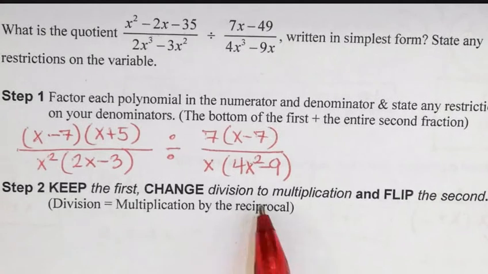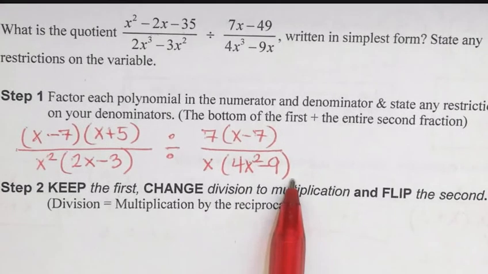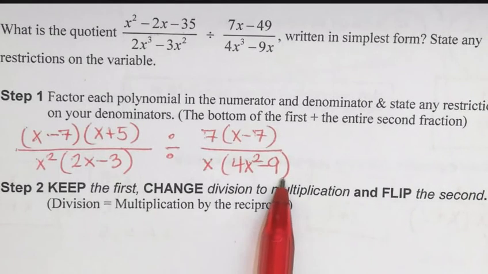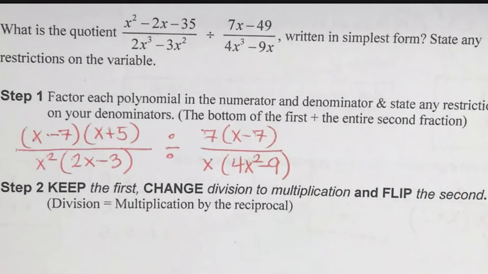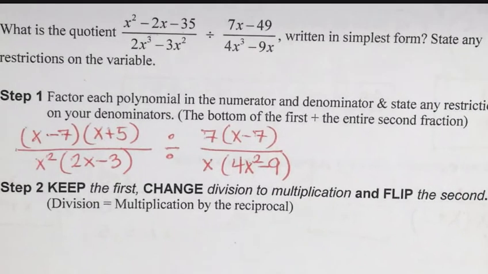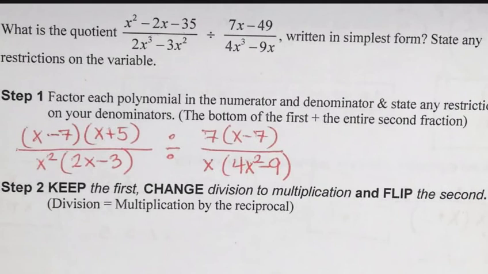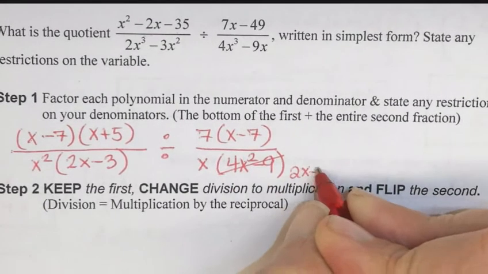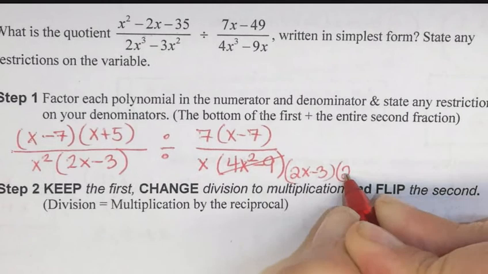Can I go a little further here? I see a difference of 2 perfect squares. So I'm going to take it a little bit further. Stay with me, guys. We still have 2 more to do. This is 2x minus 3 and 2x plus 3.